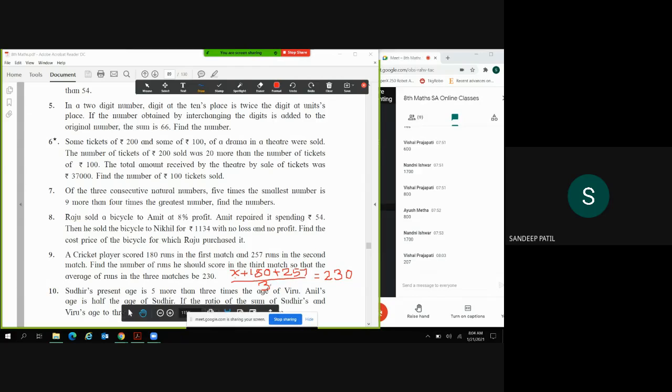So यहाँ हम क्या कर रहे हैं, trying to find the score which that player has to get, like we are assuming it as x.